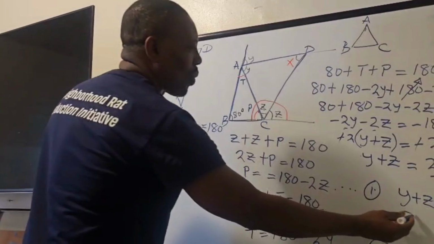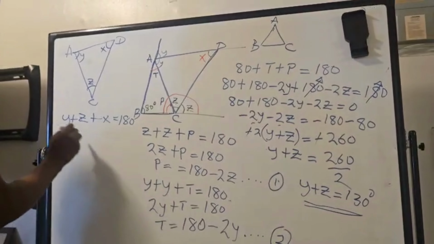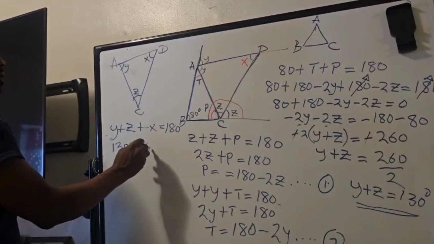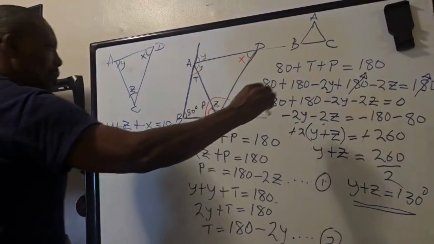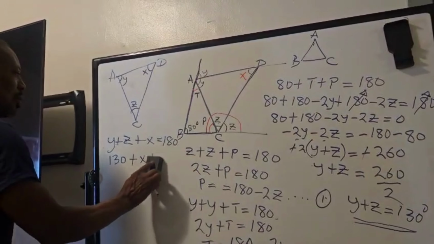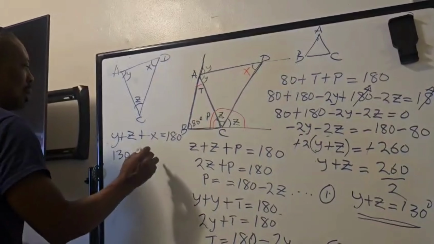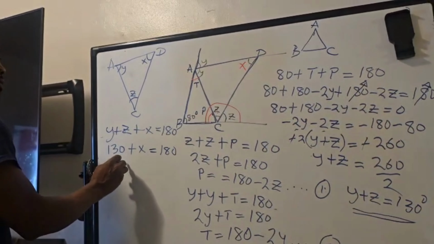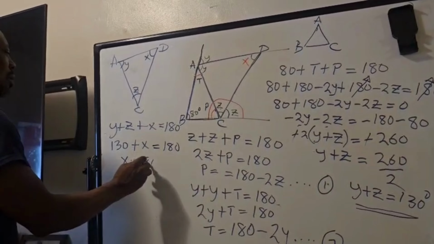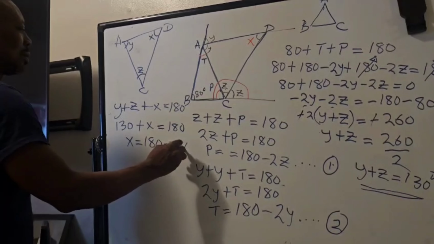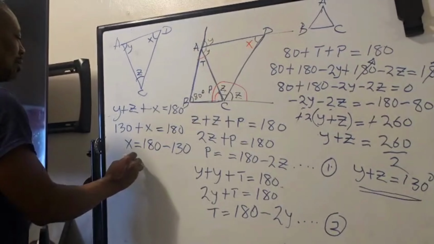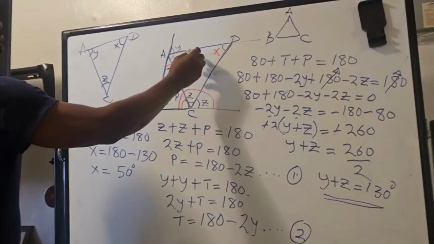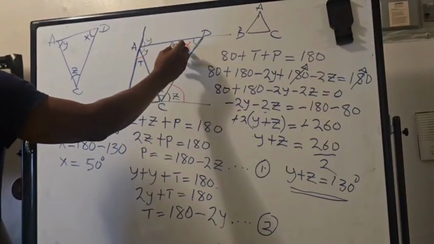We already know Y plus Z to be 130. So we put it here, 130 plus X equal to 180. So X will be equal to 180 minus 130. X will be equal to 50 degrees. So we have found our X to be 50 degrees.